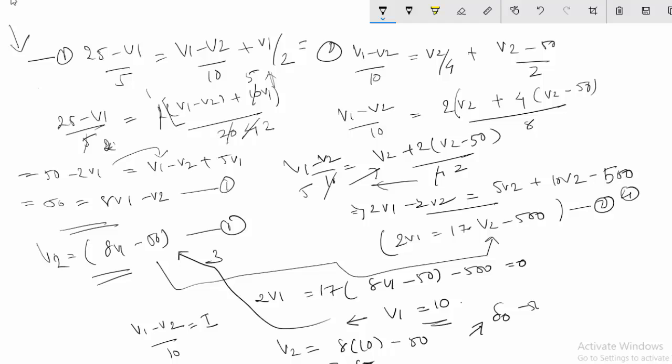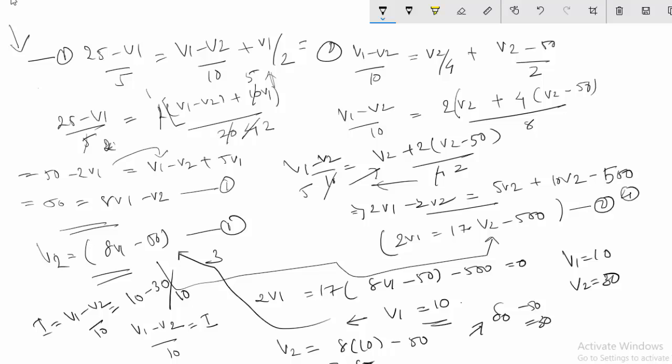So you got your v1 is equal to 10 and you got your v2 is equal to 30, and I equal to V1 minus V2 divided by 10 equal to 10 minus 30 divided by 10.